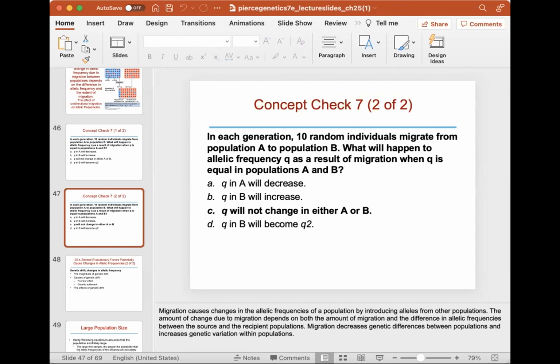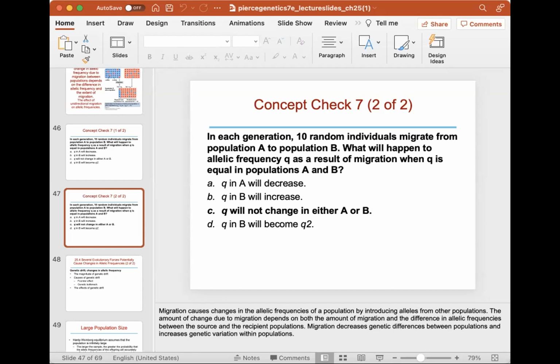I guess it's because of the equilibrium, right? Well, technically, there isn't migration from population B back to population A, as the question states, but because it's random, we can assume just as many P alleles are leaving population A as Q alleles. So the numbers change, but the ratios don't.